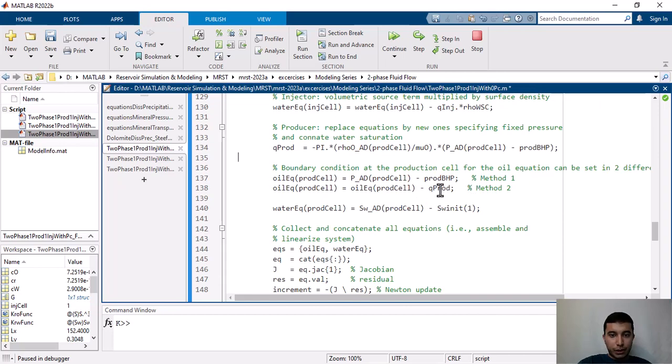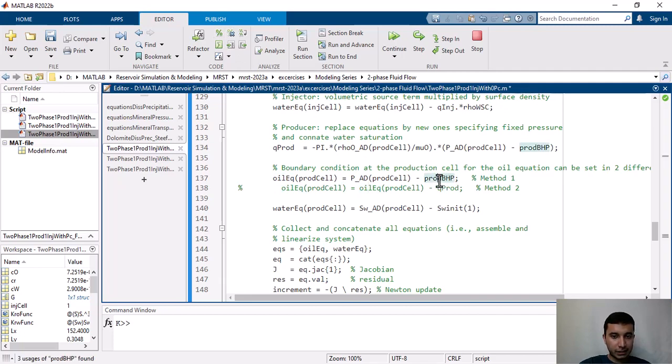But as you see, there are two methods in order to specify the boundary condition for the production well. Because I have the bottom hole pressure for the production well, I'm also able to specify the boundary condition using the bottom hole pressure of the production well.